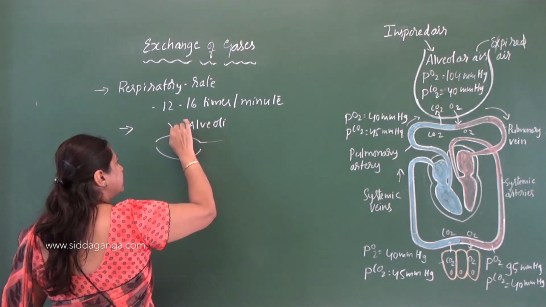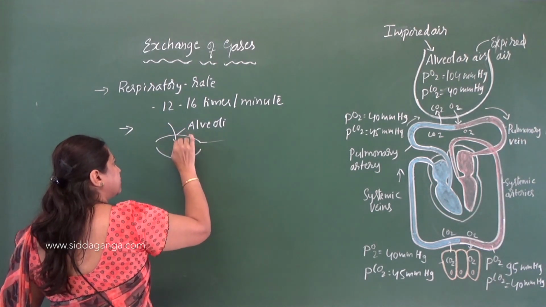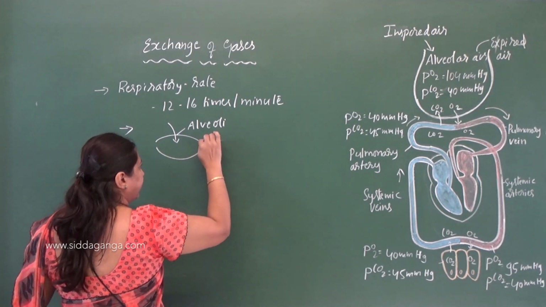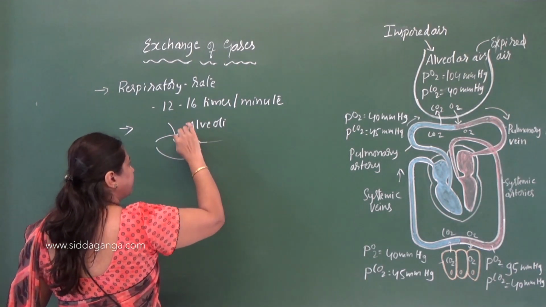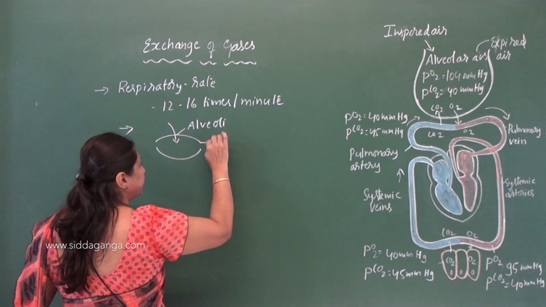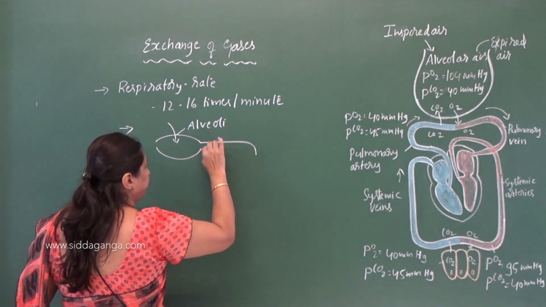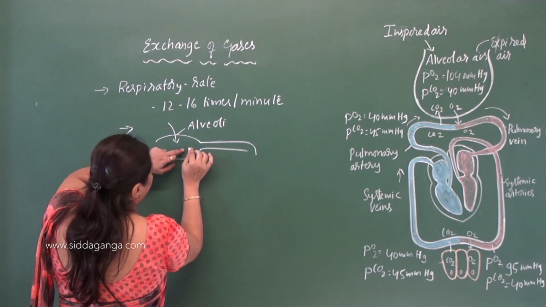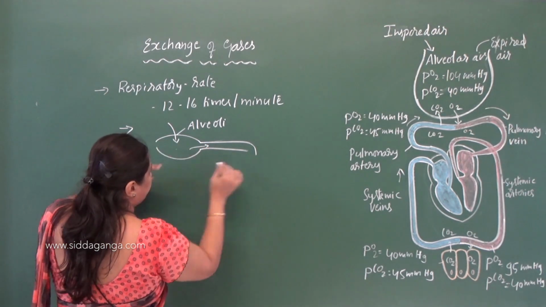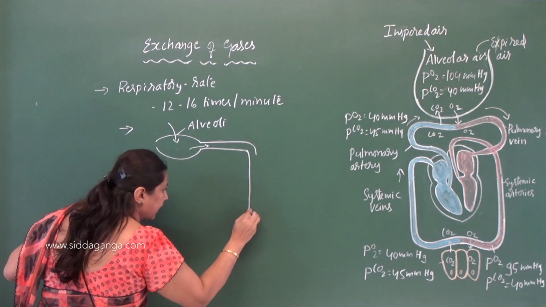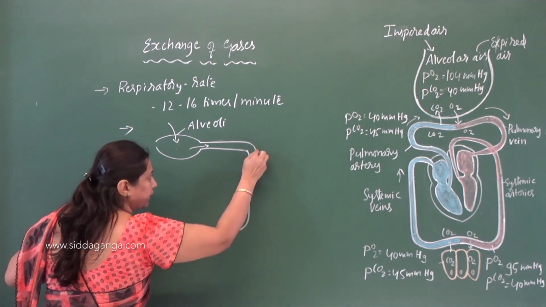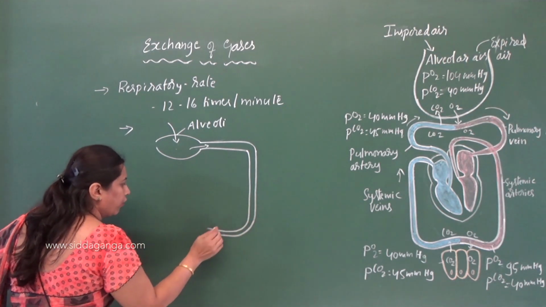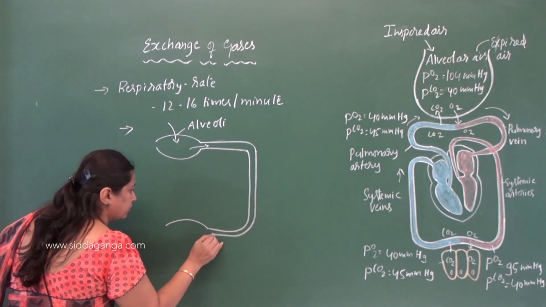The oxygen enters into the lungs along with the inhaled air, and the oxygen present in the alveoli diffuses into the blood, and the blood will carry oxygen to body tissues.